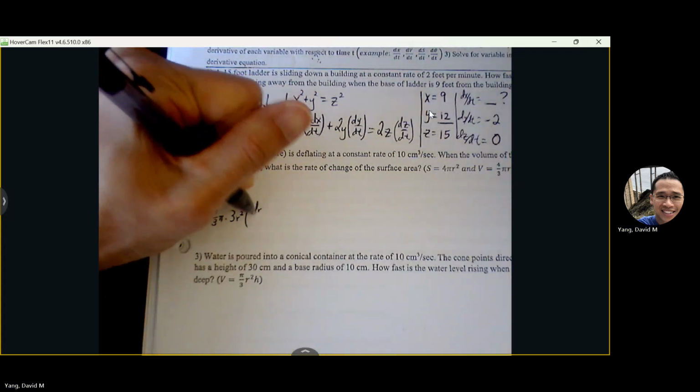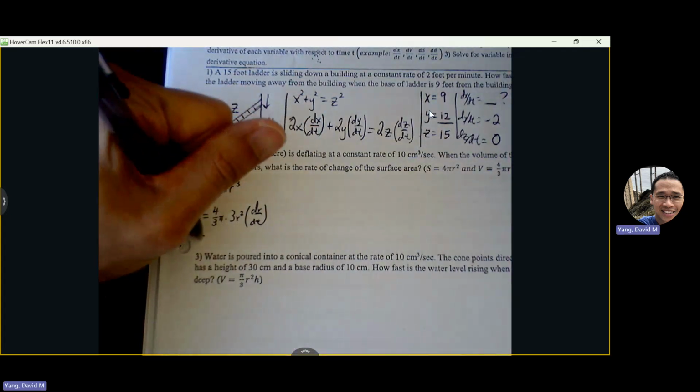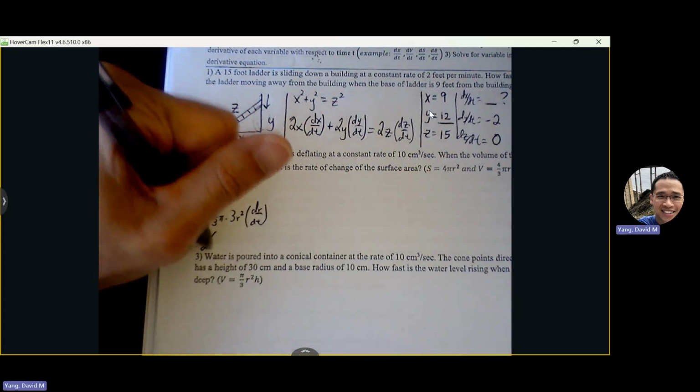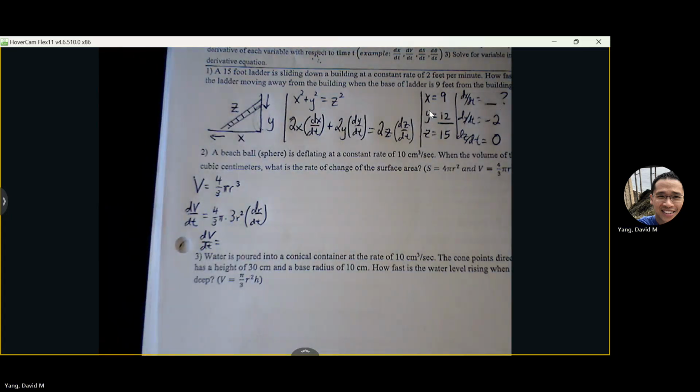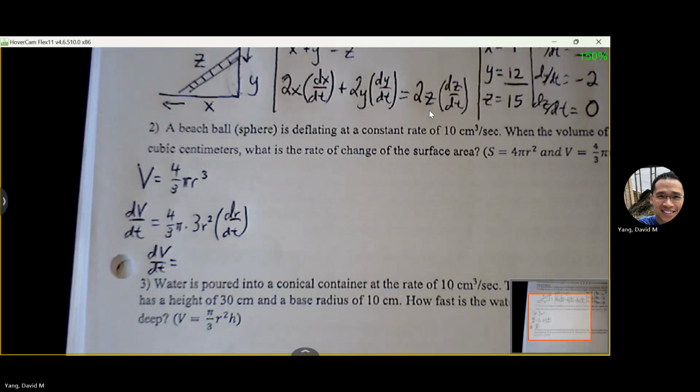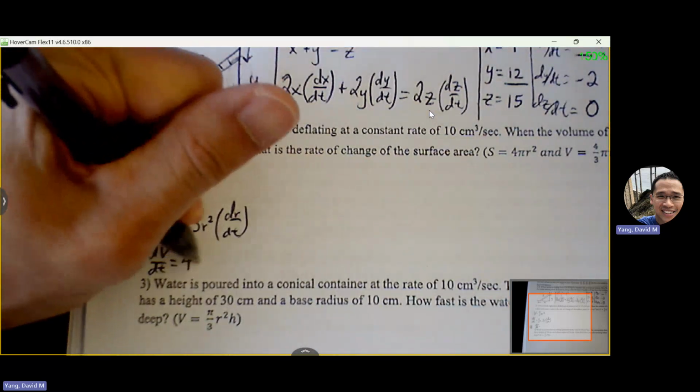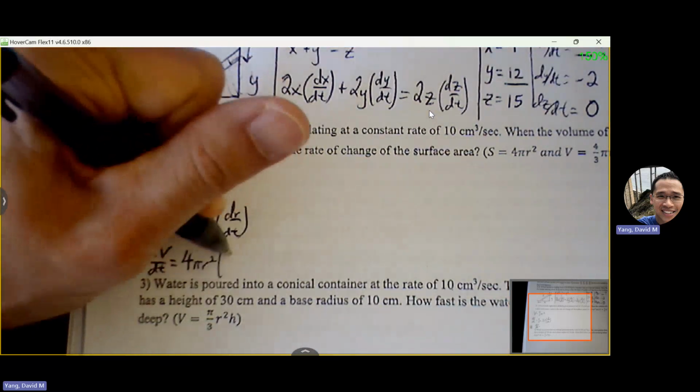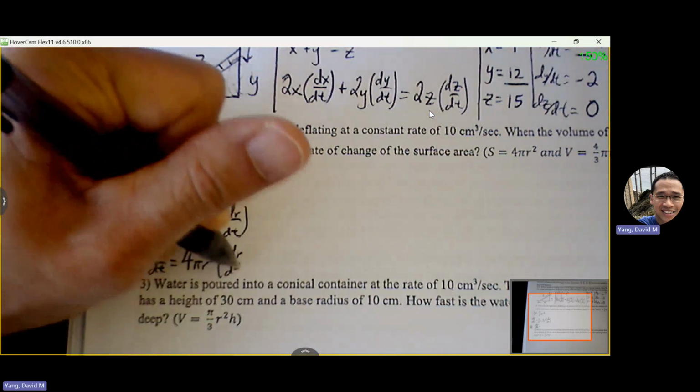Okay. Let me just do a little bit of cleanup. dv dt is equal to, the 3's cancel out, I'm left with 4 pi r squared dr dt.